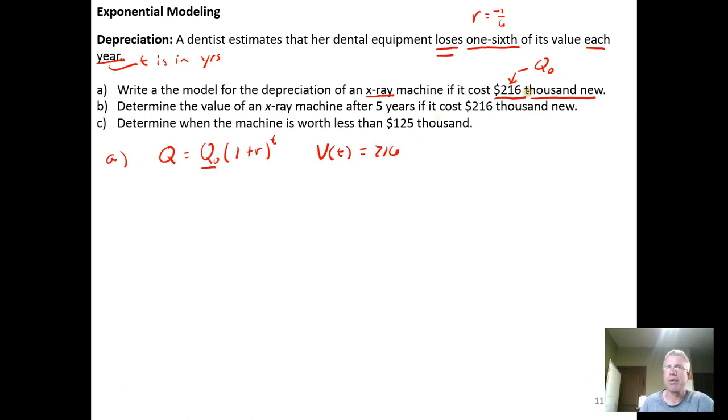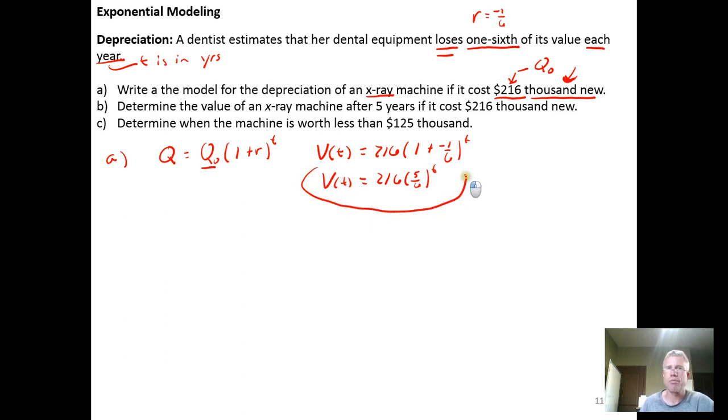And I do need to remember that I'm constructing a model that's in thousands of dollars, times 1 plus my rate, but my rate is negative 1/6, to the time, which is just going to equal 216,000 times 1 plus negative 1/6, which is 6/6 plus negative 1/6, which is 5/6 to the time. And there's my value model for the depreciation of the machine.